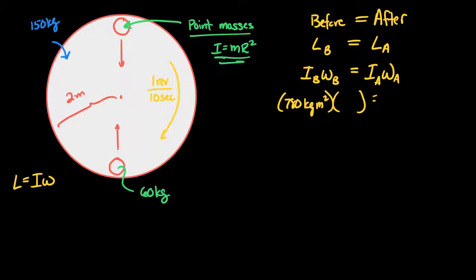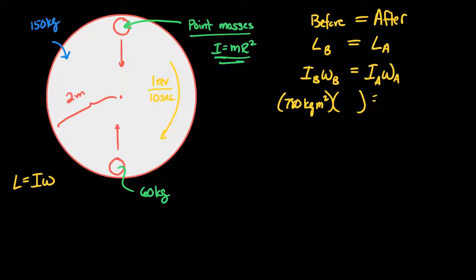So although I've always told you that it's best to convert to radians per second, I could go ahead and do the work here without converting and it would be okay, as long as I know that my answer is going to be in revolutions per second. So if we can follow that logic, I don't have to do any converting. I can just go ahead and put 1/10 here and know that my answer is going to be in revolutions per second.